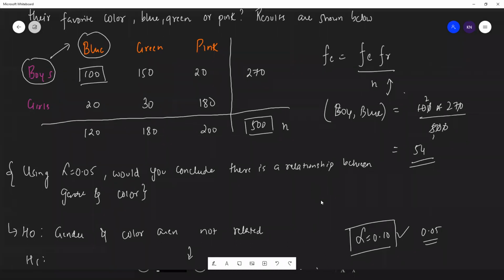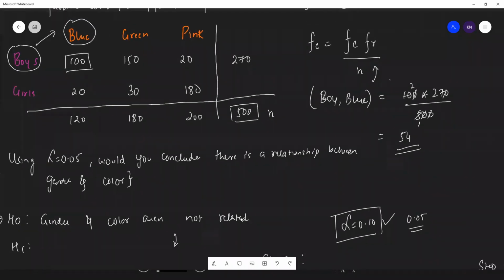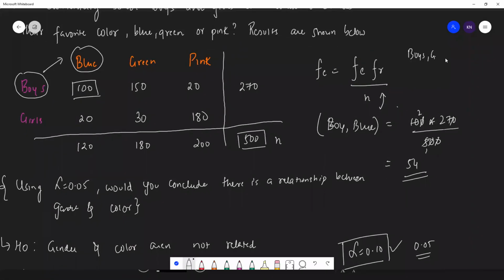Similarly, calculate for boys and green. Boys with green, guys. Just calculate boys with green. So it will be nothing but 150 multiplied by 270 divided by 500. 81. Okay.